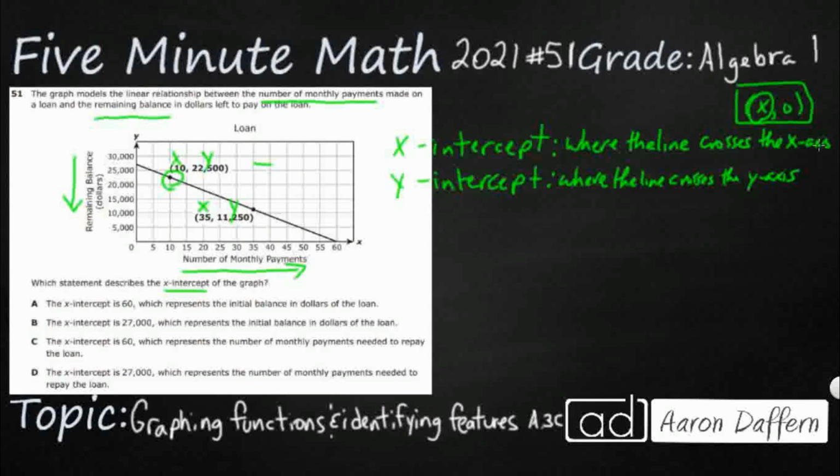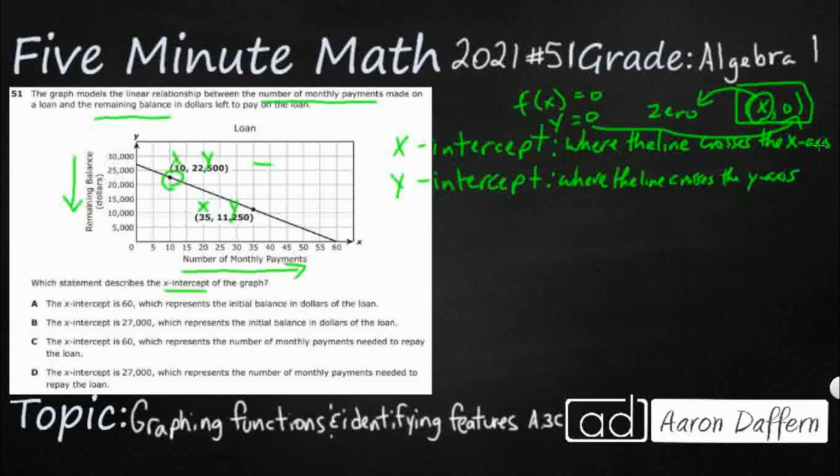Another word for this is the zero of the function, because we're thinking of what value of x makes f of x equal 0, and the function of x is the range, just like y is the range. So if y is 0, what's the value of x? That zero is another way of thinking of the x-intercept.